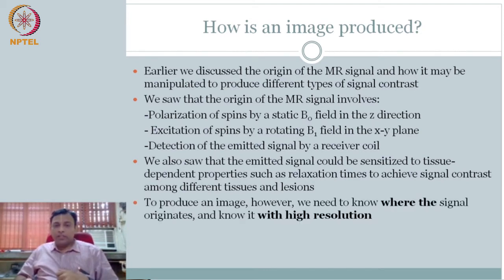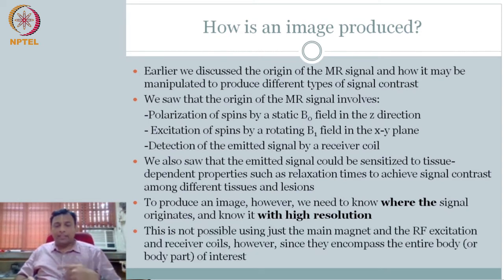So to produce an image, we need this spatial location encoding. However, we cannot do that with what we have studied, only with the static magnetic field and your receive coil or your transmit excitation. Only with these two, we won't be able to do it.